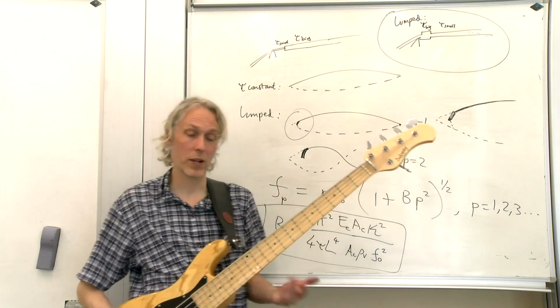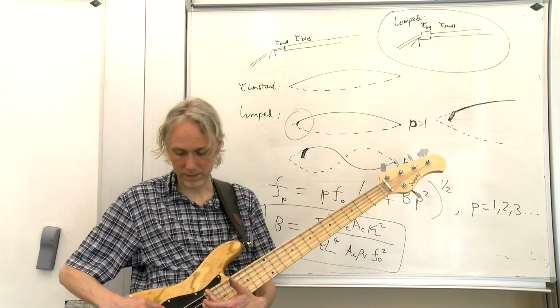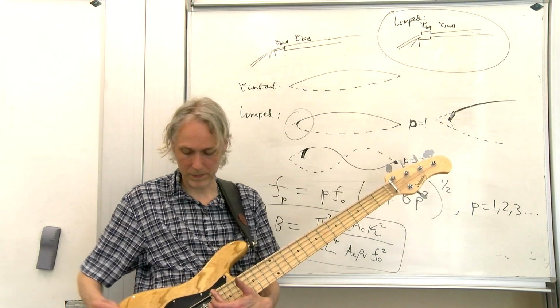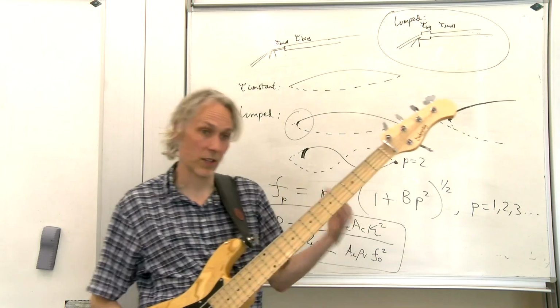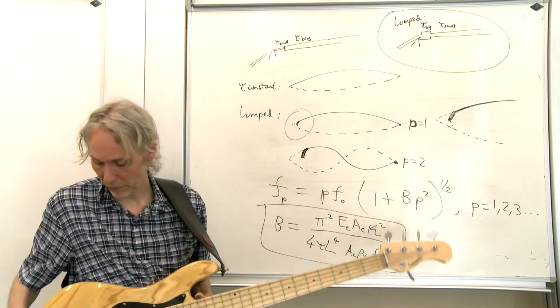Okay, so normally when you're way up the neck of the bass guitar, that will not be exactly an octave, it's going to be a bit sharper. So that's what the lumps are for.